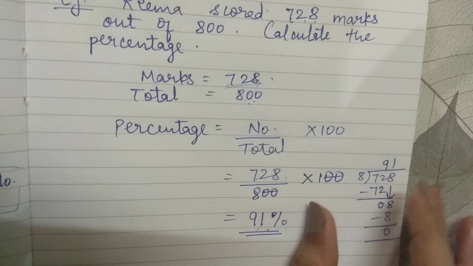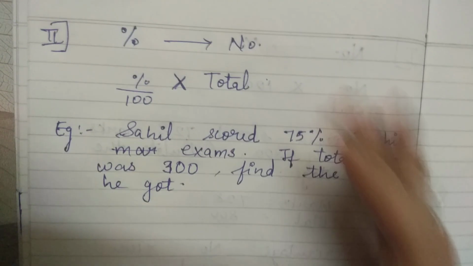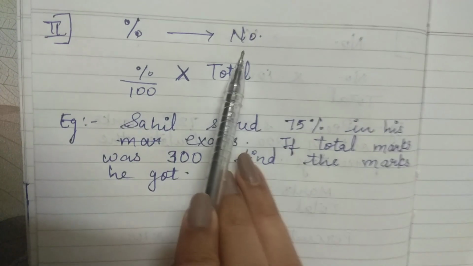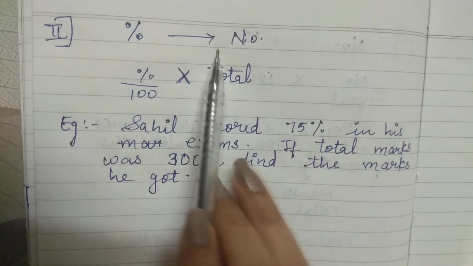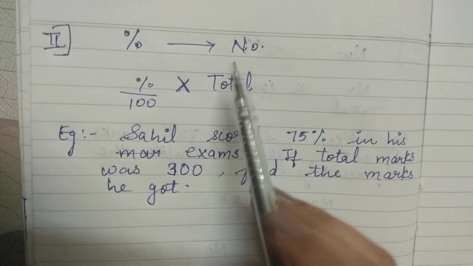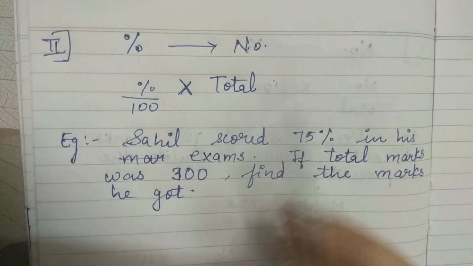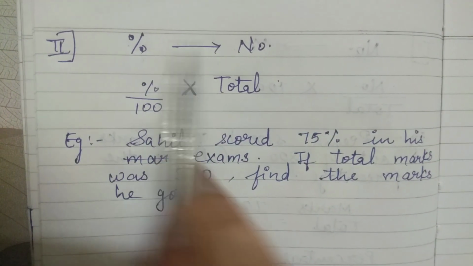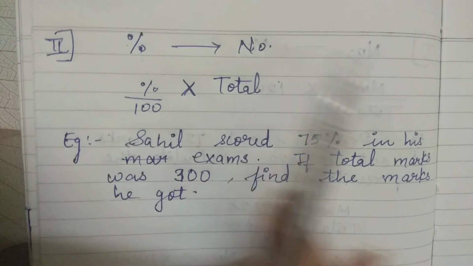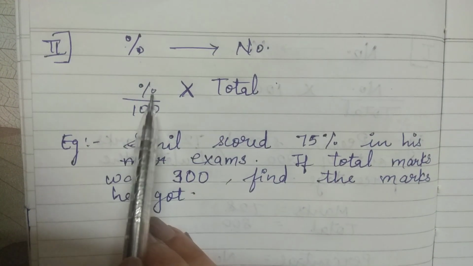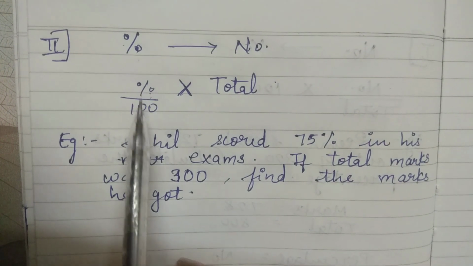Let's see the next example. Okay, now second case was when the percentage is given and we have to find the number. Again, I'll tell this number can be anything, number of books, scores, runs, marks, anything, amount. Okay, so when we are converting percent to number, the logic remains same for both the things. Whatever we are converting, that we write in the numerator upon their total.